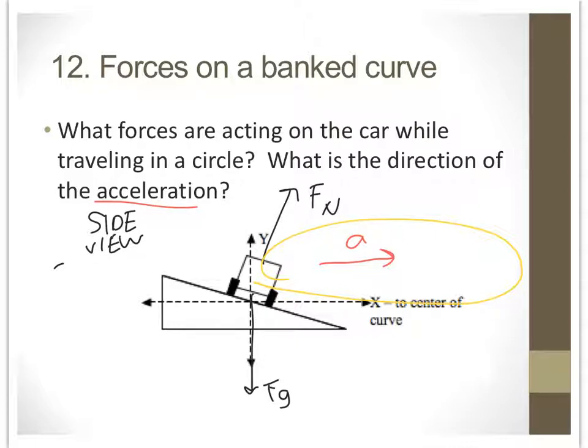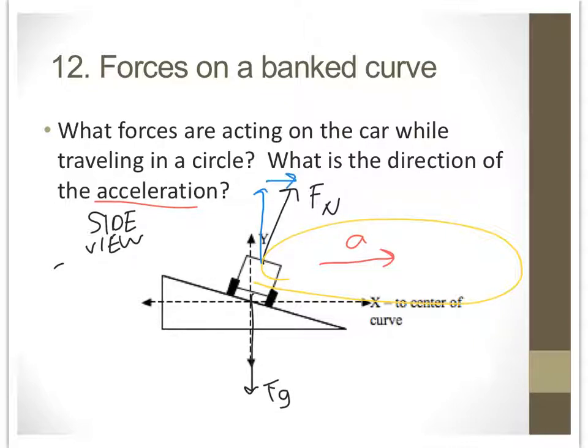We did something really important with inclined planes. Our trick was we would tilt the axis. One of the main reasons we did that is so that our acceleration, which was going up and down the incline, was in the direction of the x-axis. However, we don't want to tilt the axis here for a banked curve because our acceleration is just to the right, and we actually will be making it more complicated by tilting our axis.